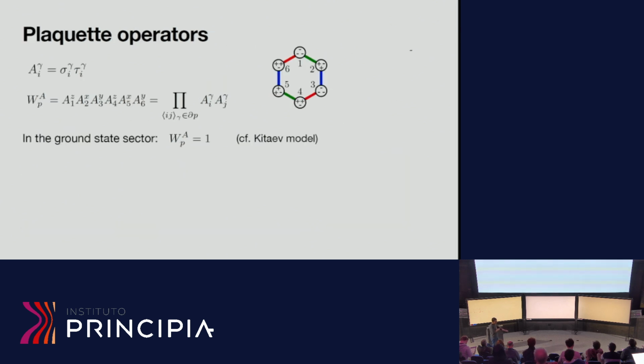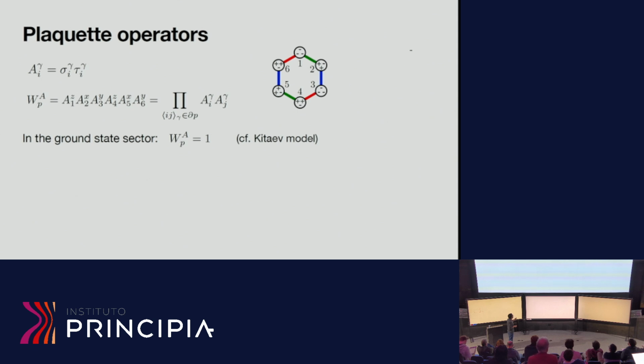Okay, so what about the symmetries of this model? We're going to use this to count ground states, the result I told you before. Basically everything in the Hamiltonian is constructed in terms of these operators. One thing you can do, by analogy with the Kitaev model again, is take this product of the A's around the hexagonal plaquette with the same labels X, Y, and Z that I showed you before for the Kitaev model.